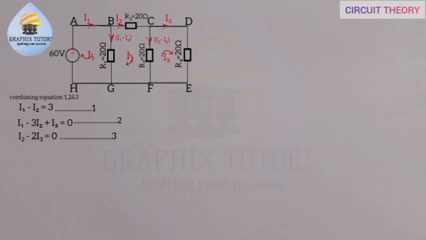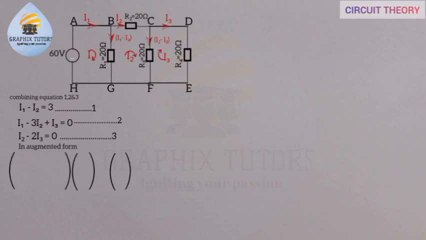So I'll need to write these equations in matrix form. The coefficient of I1 in equation 1 is 1, the coefficient of I1 in equation 2 is 1, and the coefficient of I1 in equation 3 is 0 because there's no I1 there. Next, the coefficient of I2 in equation 1 is minus 1, in equation 2 is minus 3, and in equation 3 is 1.